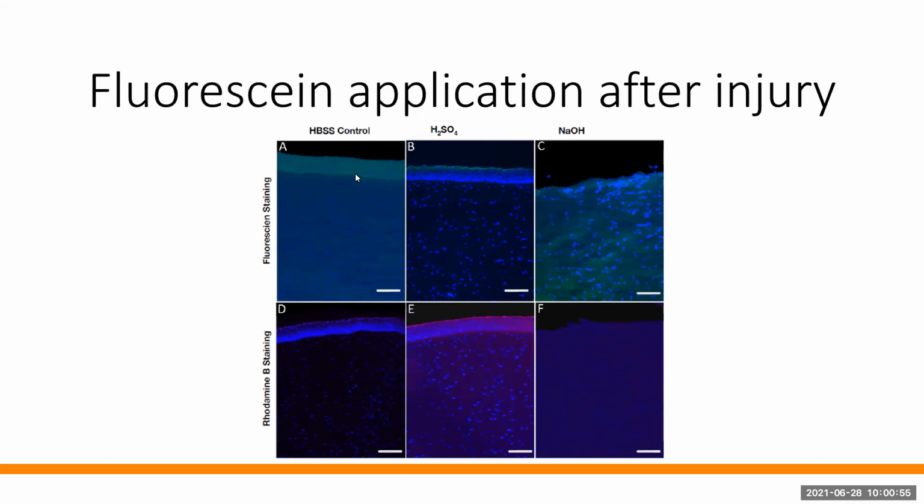And fluorescein does penetrate the eye a little bit after topical application in intact cornea. Whereas after acid injury, you get this coagulated protein on the surface, and that actually forms a barrier to penetration. So you get fluorescein sticking to the surface of the corneal epithelium, but not really deeper into the eye. Whereas after alkaline injury, the epithelium is destroyed and the fluorescein penetration actually increases.